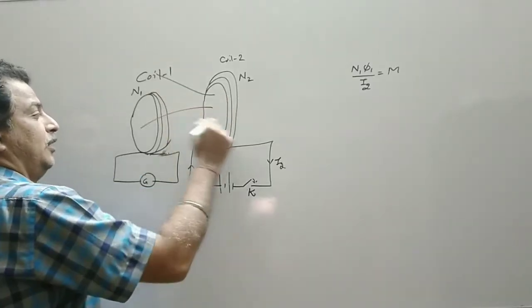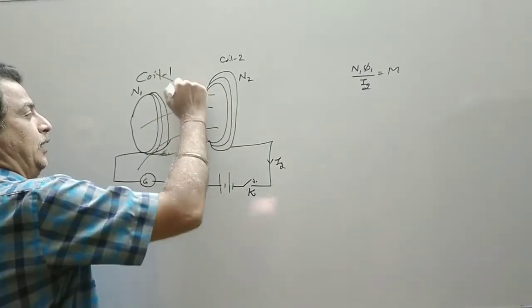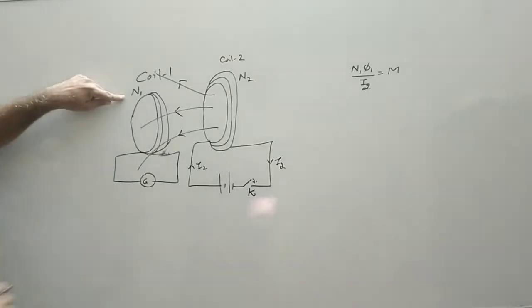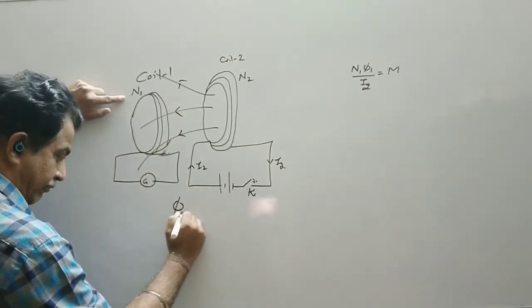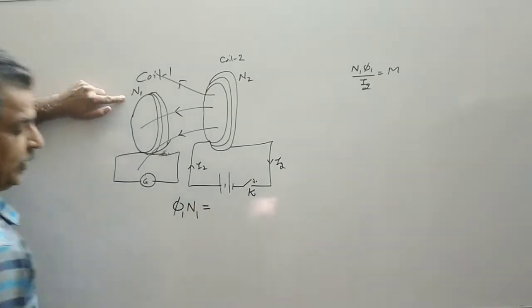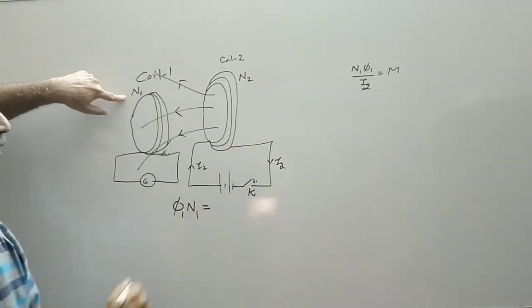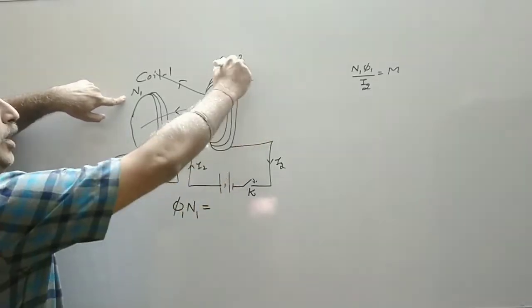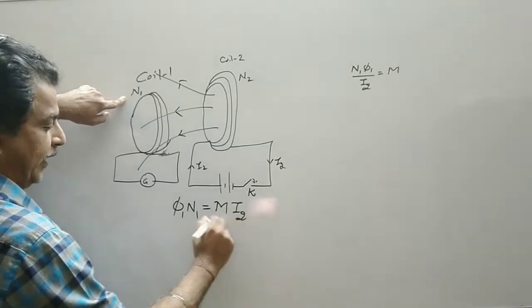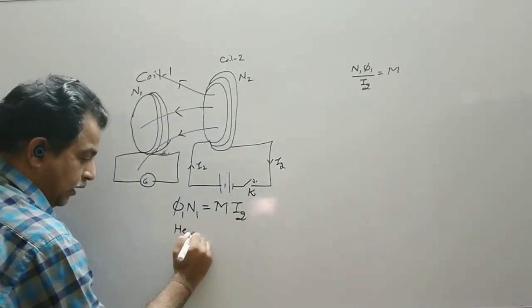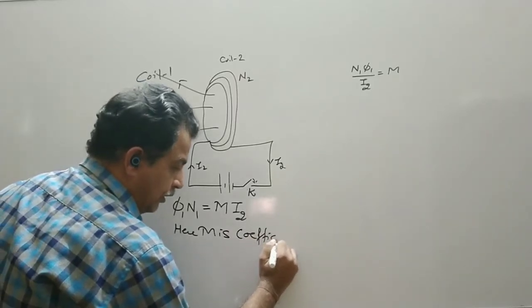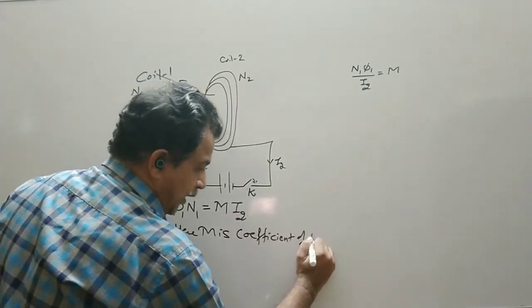As a result, the magnetic flux linked with the coil 1 will be Phi1, N1 times Phi1 is equal to, as the current is passed through coil 2, M I2, where M is the coefficient of mutual induction.